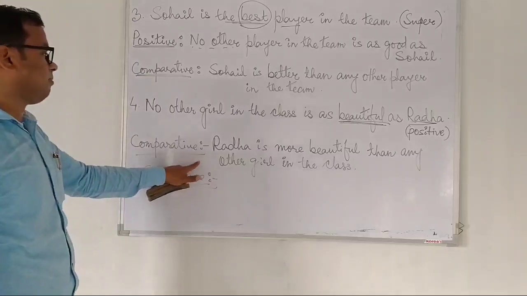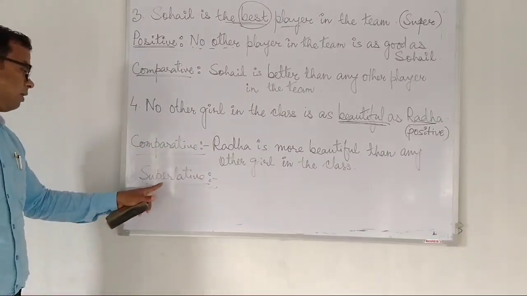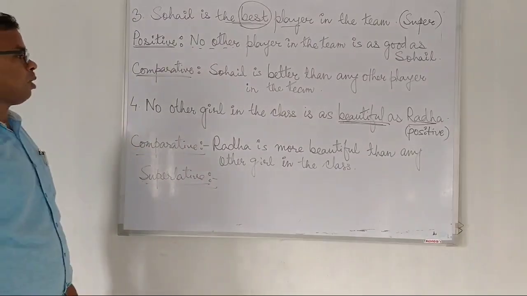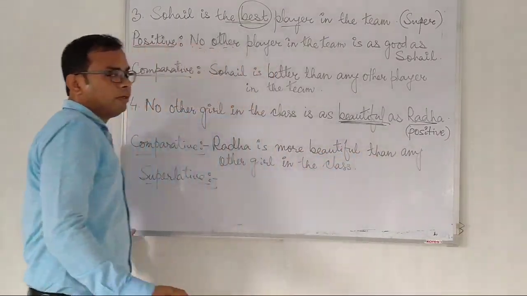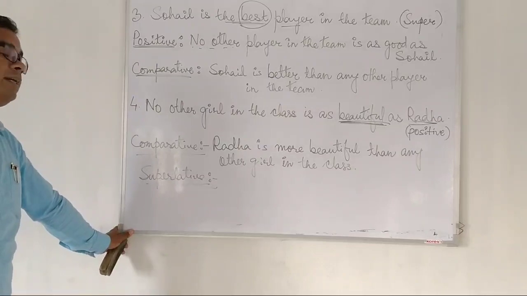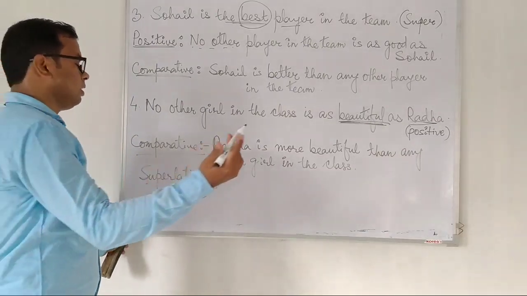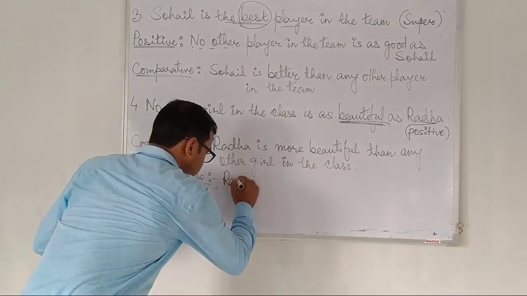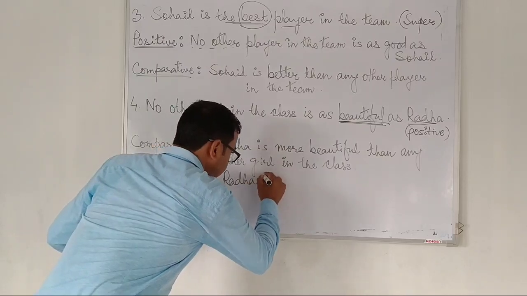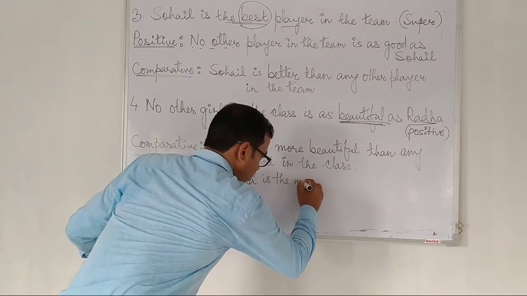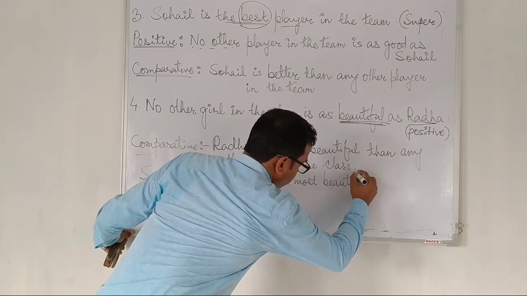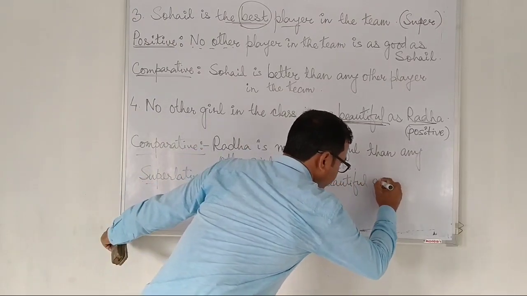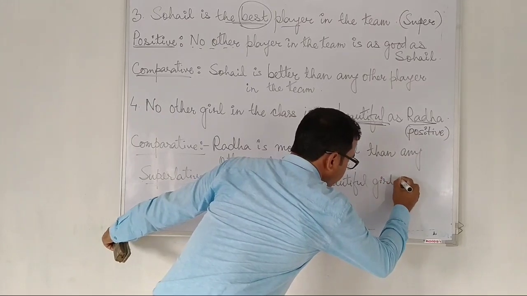This is the comparative form of this sentence. Now let us make it superlative. What will be the superlative form of beautiful? It is most beautiful. Radha is the most beautiful girl in the class.